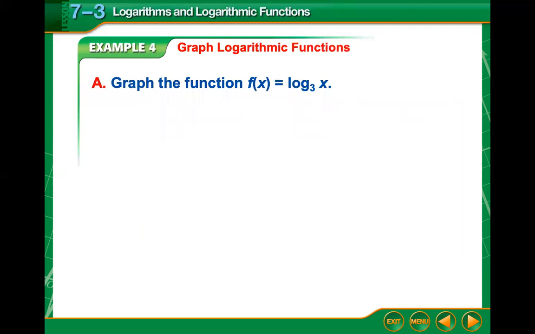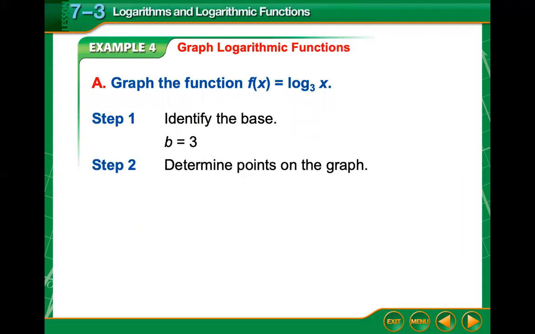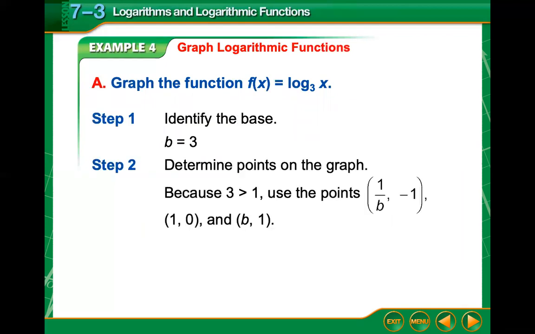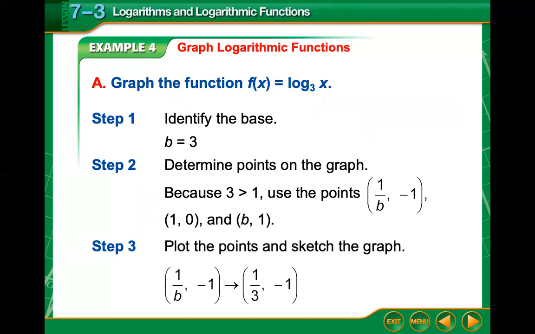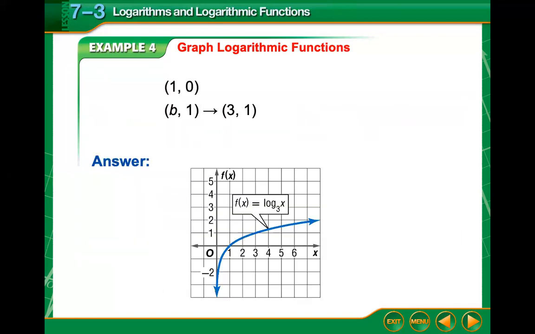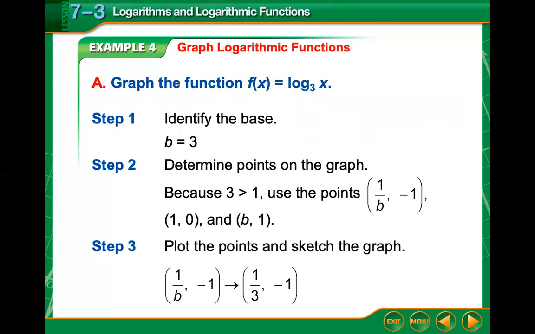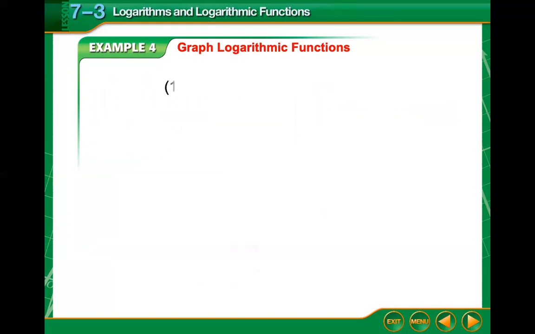So graphing log base 3 of x. This is where we're determining points. We're actually just going to use Desmos, and you can pull your points from there. But you would plot your points. And what they're using here is basically the inverse of an exponential.